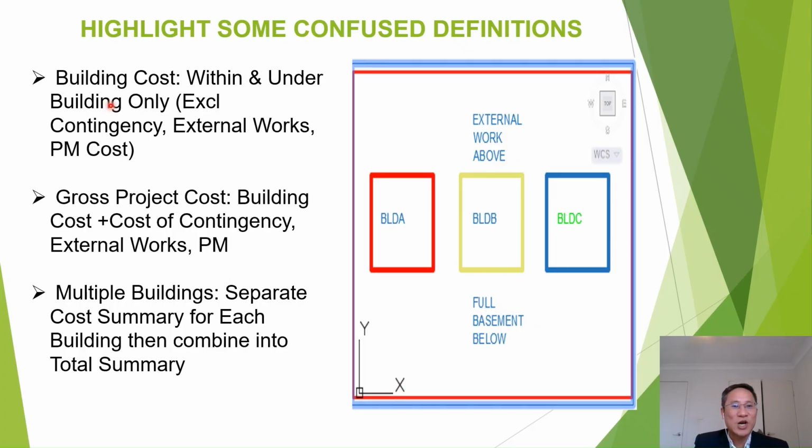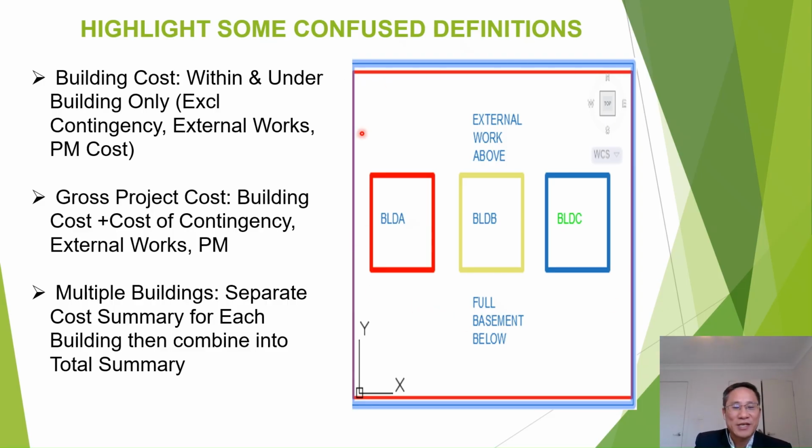So in the building cost, we should include only the cost of the building and elements within the buildings, and exclude contingencies, external works above the basement rooftop, and other relevant costs such as project management costs and consultants and design costs. So keep in mind, building costs only deal with the cost of buildings and basements only.